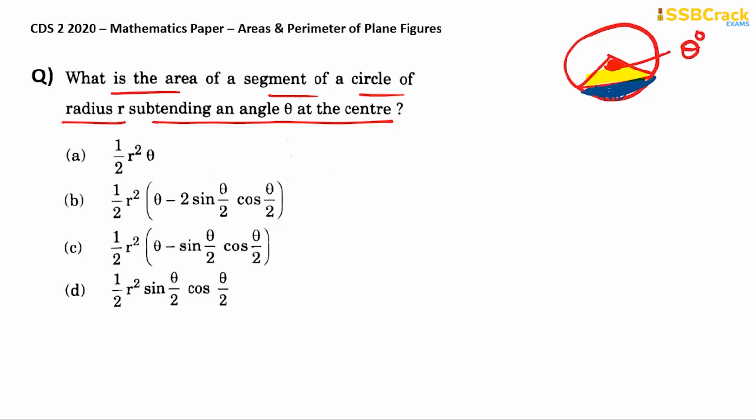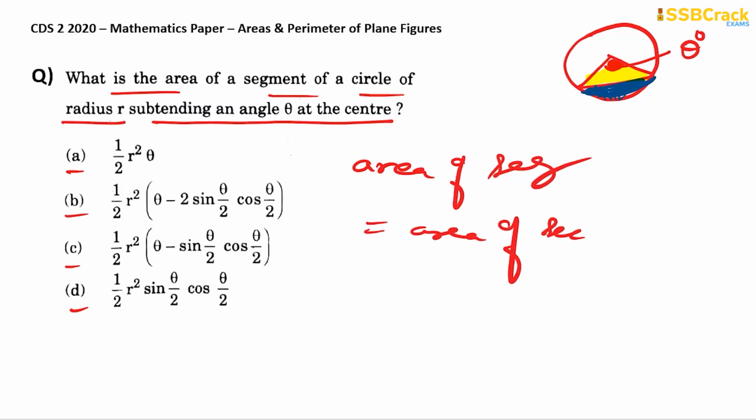This was simply a question based upon the formula, to take the correct option from the given ones. So we shall know that the area of the segment formula is area of sector minus area of triangle. And what is the area of the sector formula? You know the theta degree at the center.